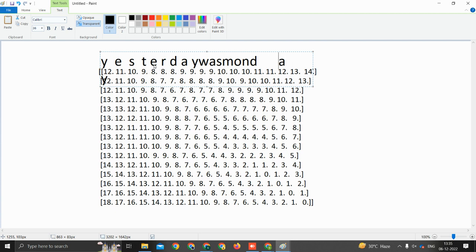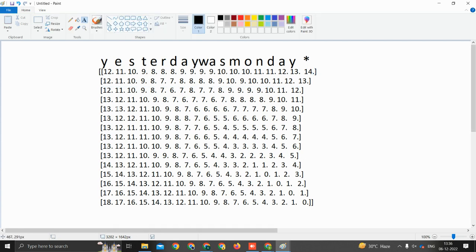And this last one was a star, I believe. Yeah, the last column in the last row.